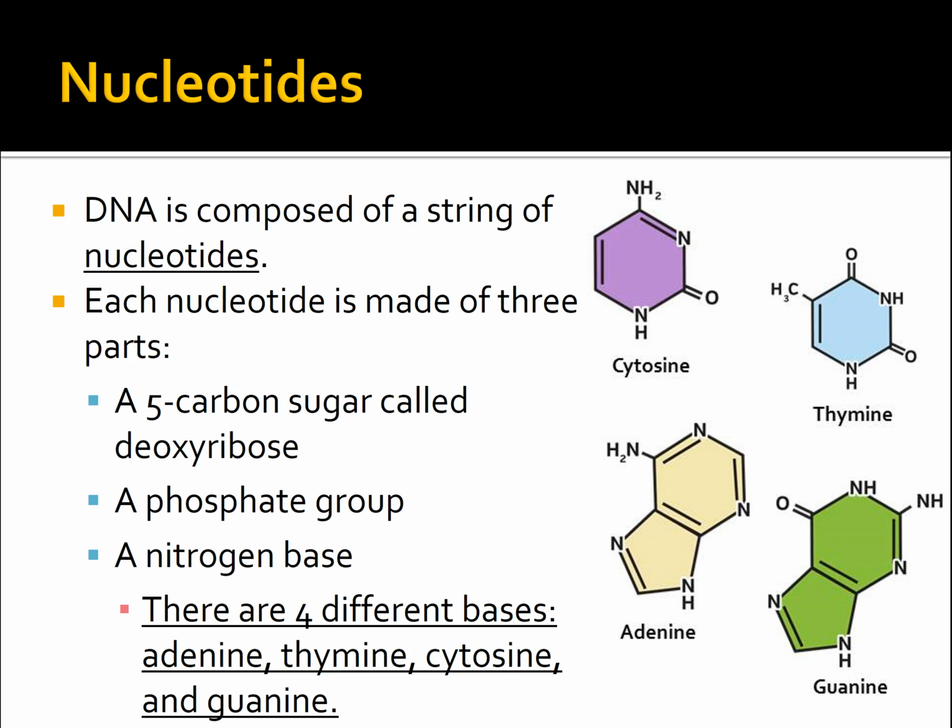A 5-carbon sugar called deoxyribose, and that's partly where DNA gets its name, deoxyribonucleic acid. A nucleotide also has a phosphate group in it and a nitrogen base, and there are 4 different nitrogen bases: adenine, thymine, cytosine, and guanine, and you can see all the nitrogen in those molecules, and that's why they're called nitrogen bases.